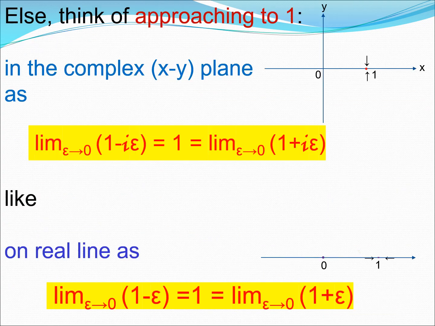Mathematically, it is like approaching one not along the real line but in the perpendicular direction to it. That means one is approached through the upper half plane or through the lower half plane decided by the x-axis.